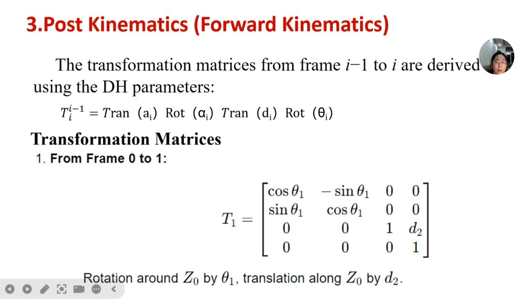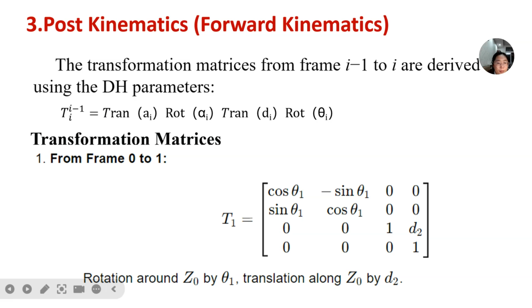The transformation matrix from frame i-1 to i is derived using the DH parameters like this form: T(i-1,i) equals Rot(z, theta i) Trans(z, di) Trans(x, ai) Rot(x, alpha i).